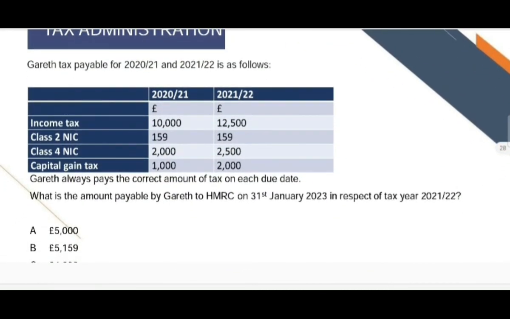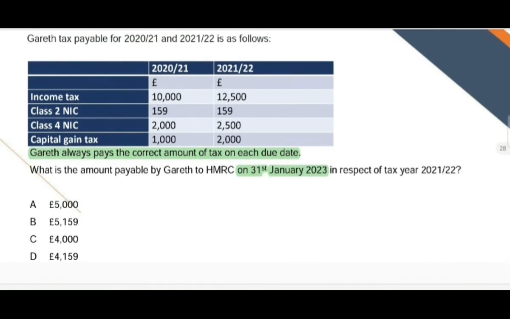So like in this question, Garrett's tax payable for the year 21-22 is as follows. The important statement is he always pays the correct amount of tax on each due date. What is the amount payable by him to HMRC on 31st January 23 in respect of tax year 21-22? So first we need to consider income tax.